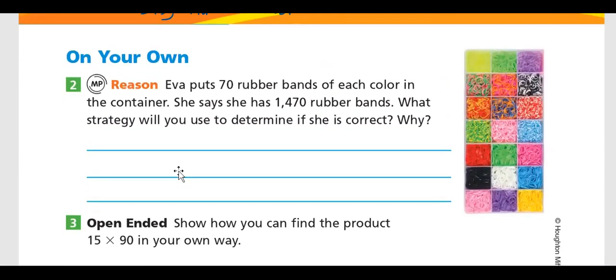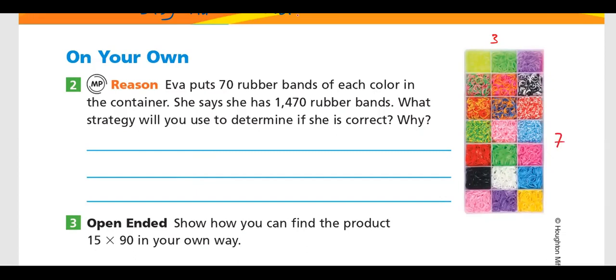Eva puts 70 rubber bands of each color in the container. She says she has 1,470 rubber bands. What strategy will you use to determine if she is correct? So first we have to count this one. This is 3, and this is 1, 2, 3, 4, 5, 6, 7.